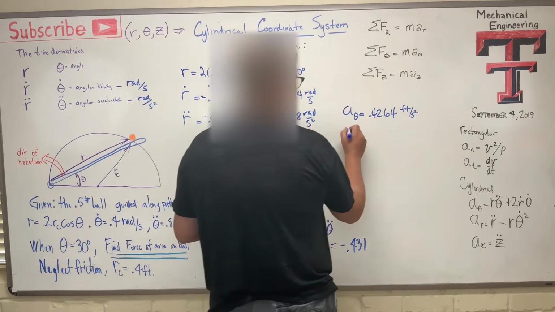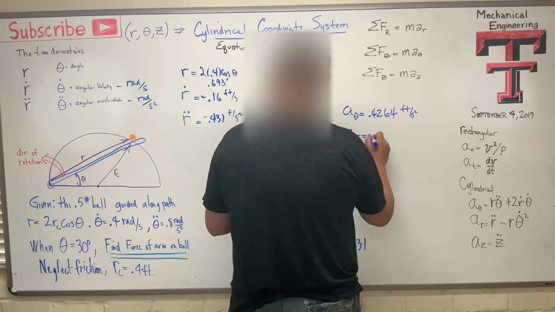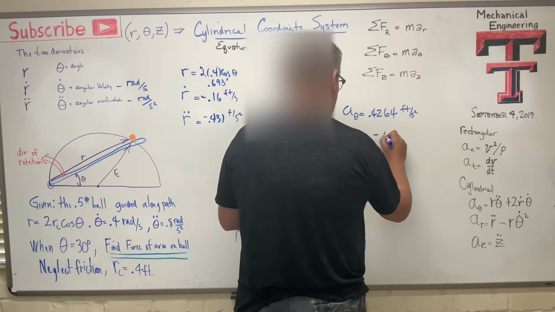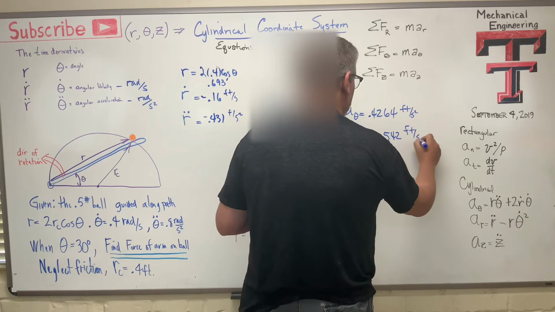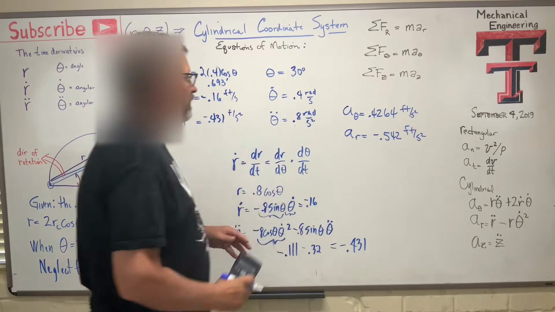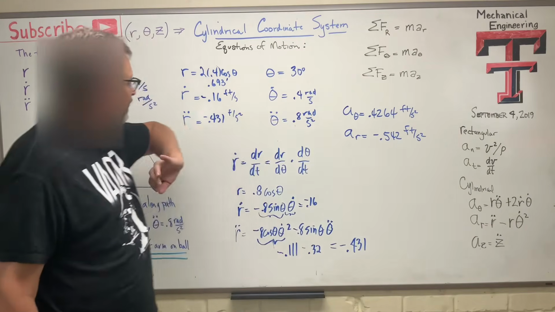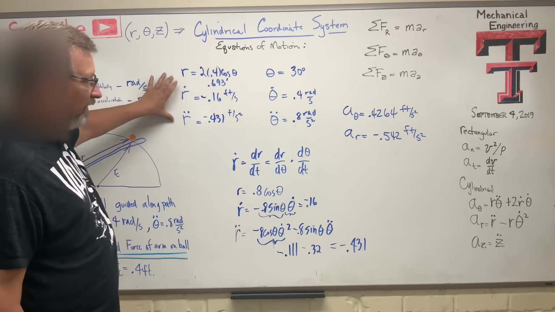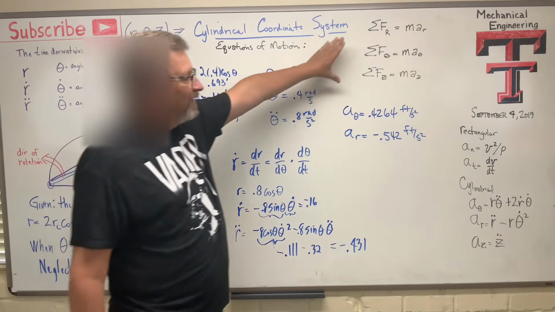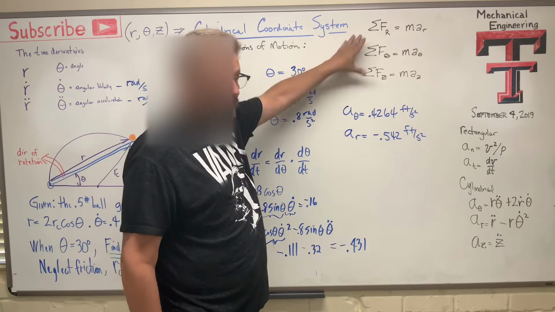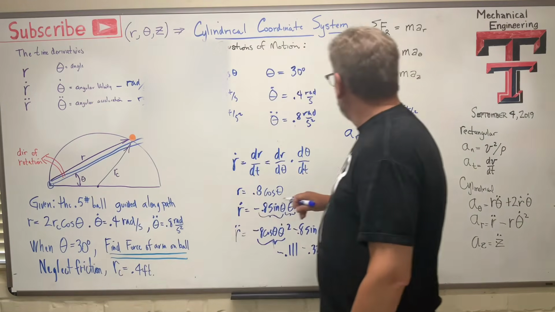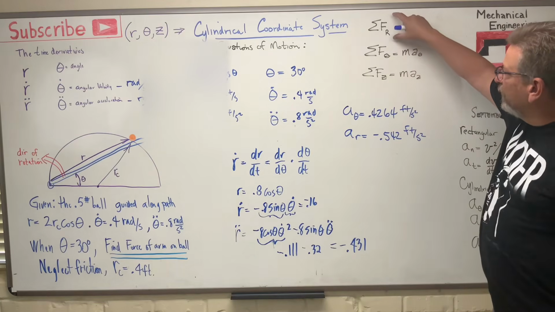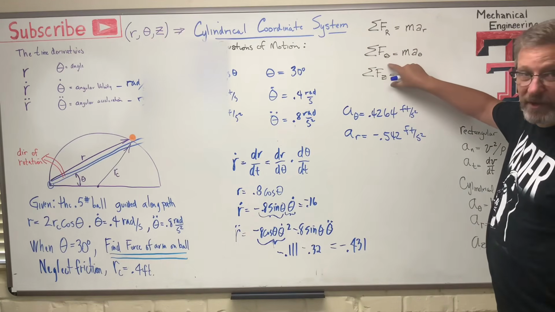So our a r is equal to negative 0.542 feet per second squared. Now we've got our accelerations calculated. We used all these values to calculate that. The next thing we need to do is draw ourselves a free body diagram of this ball and what's going on in order to analyze what the forces in those different directions are.